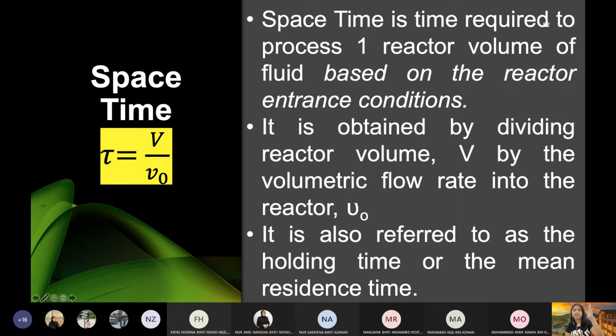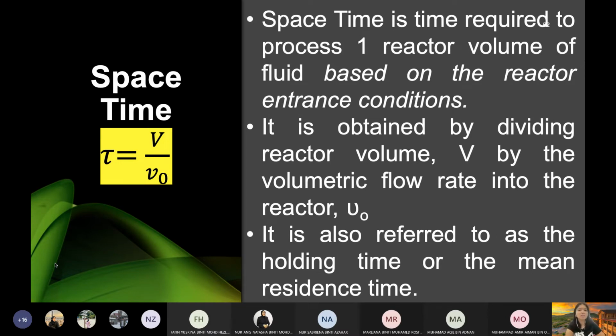So katakan kalau kamu kata 4 saat tu terlalu singkat. So what you do? You slow down the flow rate. So kalau kamu slow down the flow rate, logically molekul kita akan bergerak lebih perlahan kan? So kalau molekul kita bergerak lebih perlahan, space-time akan naik. So means you make the molecule stay longer. Katakan tadi volumetric flow rate 1 liter per second, kamu slow down jadi 0.5 liter per second.